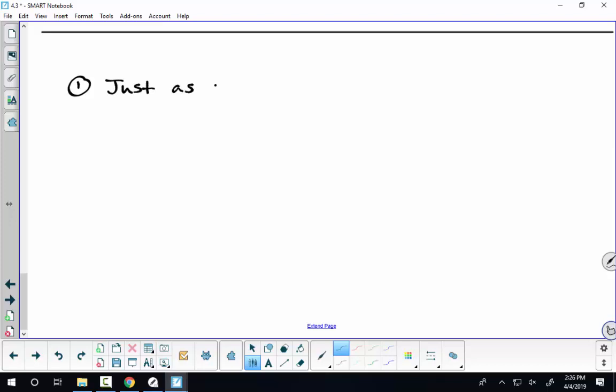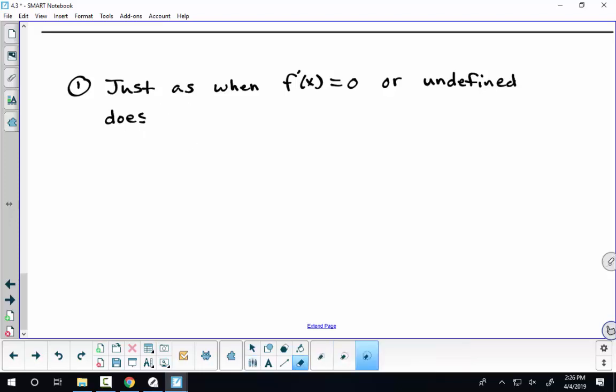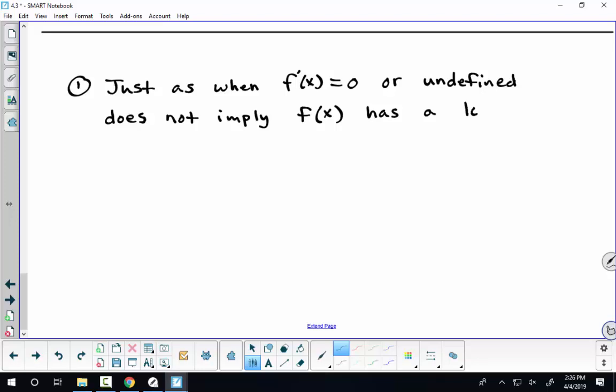So just as when the first derivative equals 0 or undefined does not imply the function has a local minimum or a local maximum, the same is true for the second derivative.